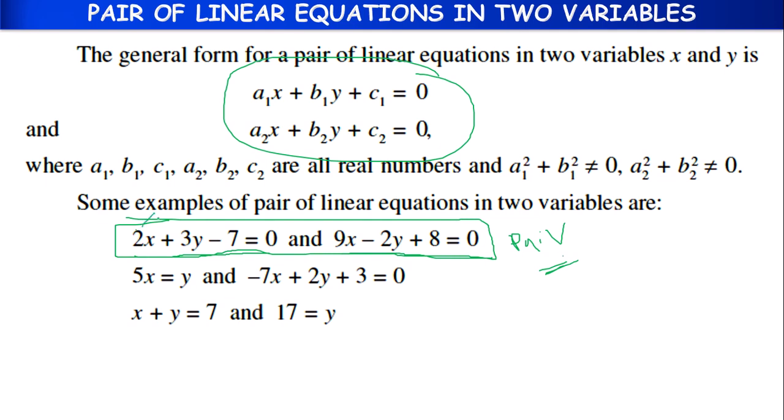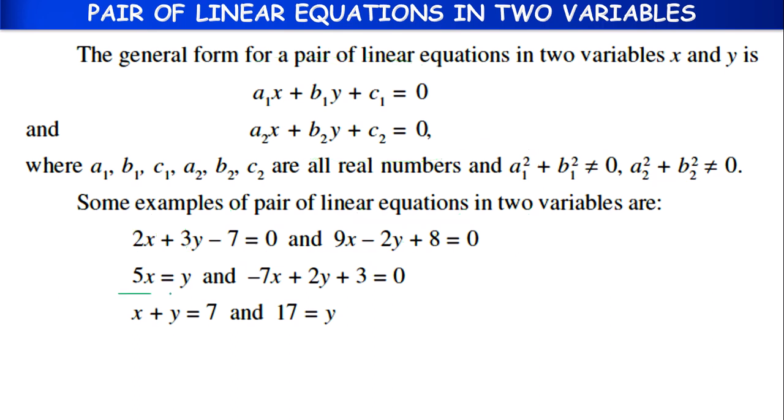Because they are in the form a1x plus b1y plus c1 equal to 0 and a2x plus b2y plus c2 equal to 0. That's why they are considered a pair. And a and b are not both zero, and their highest power is 1. So this is an example of a pair.